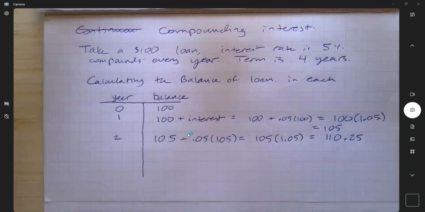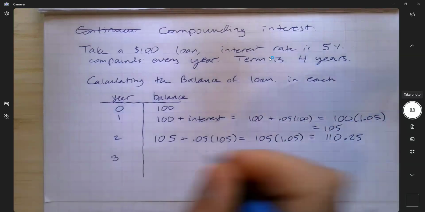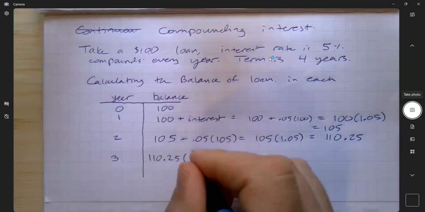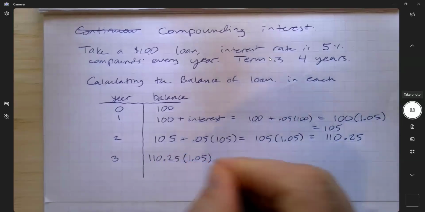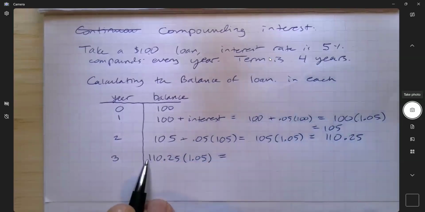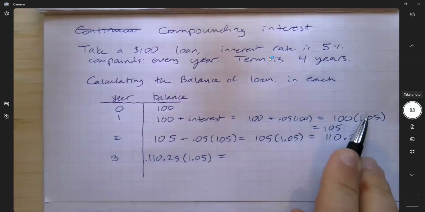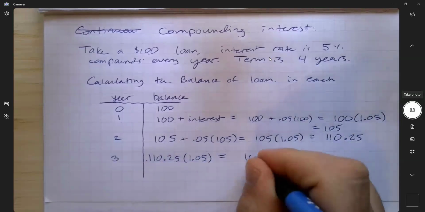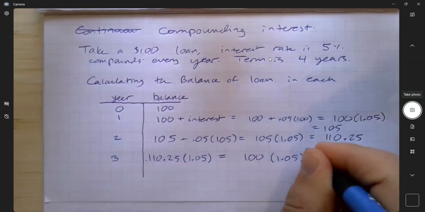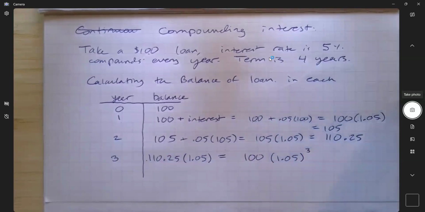In year 3, I do it again. I take the 110.25 and I multiply it by the 1.05. And really what I'm doing, since I've multiplied it by 1.05 3 times, I'm taking the original principal and multiplying it by 1 plus the interest rate cubed.